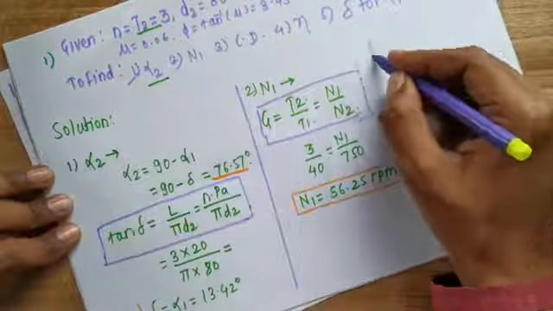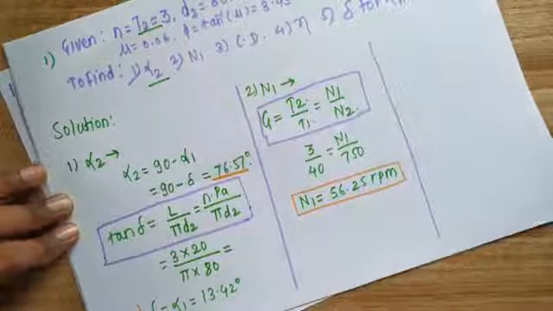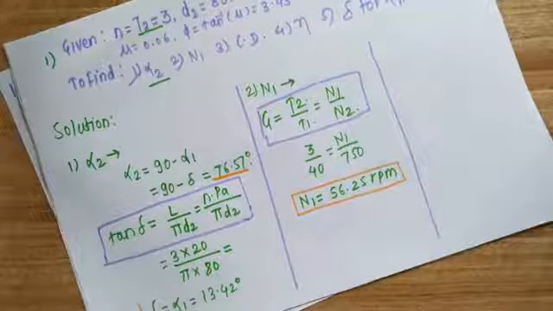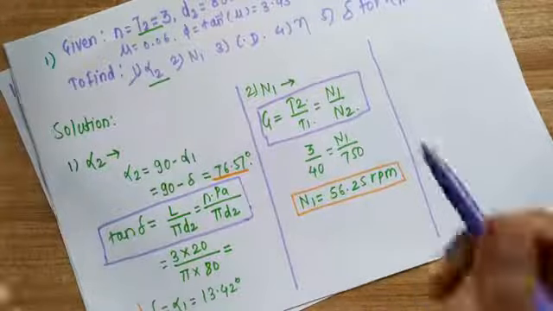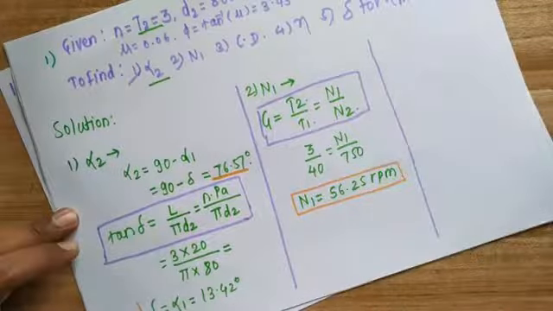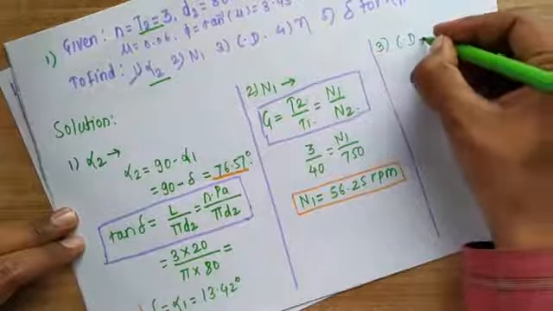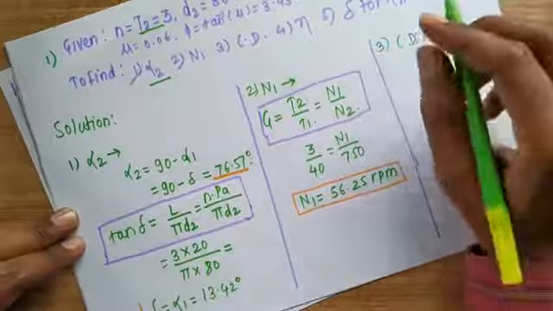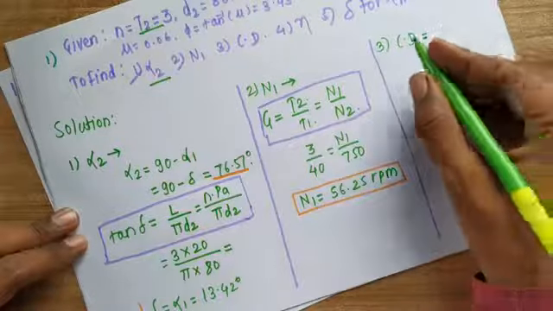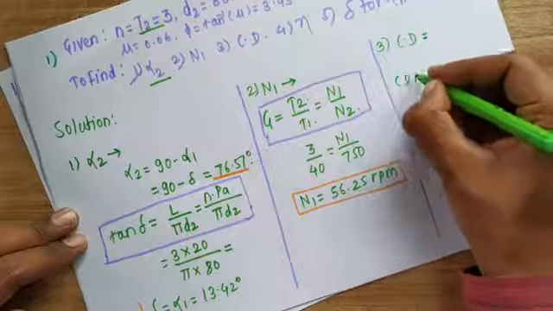Now next we have to find out the center distance. For center distance, we know the formula. So the third one I have to find out is center distance, CD, and for a worm and worm wheel, the formula for center distance is CD is equal to, what is it?